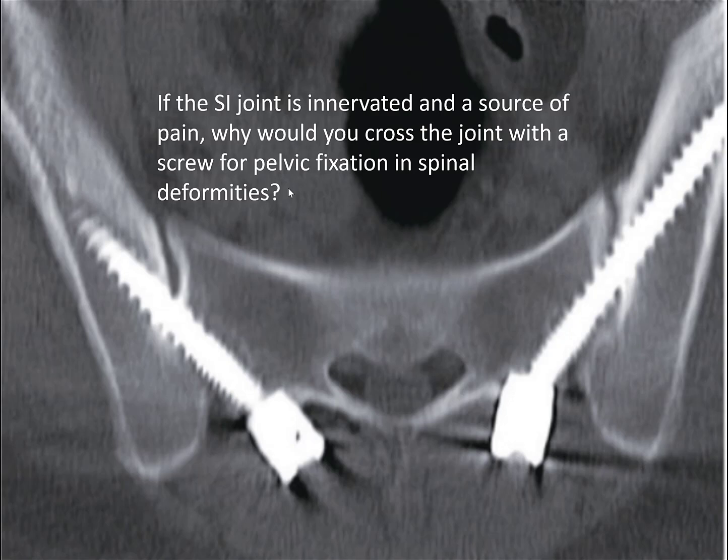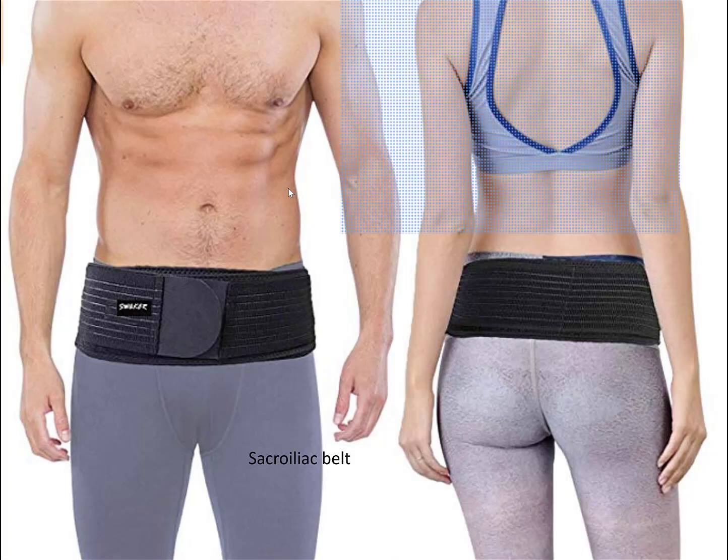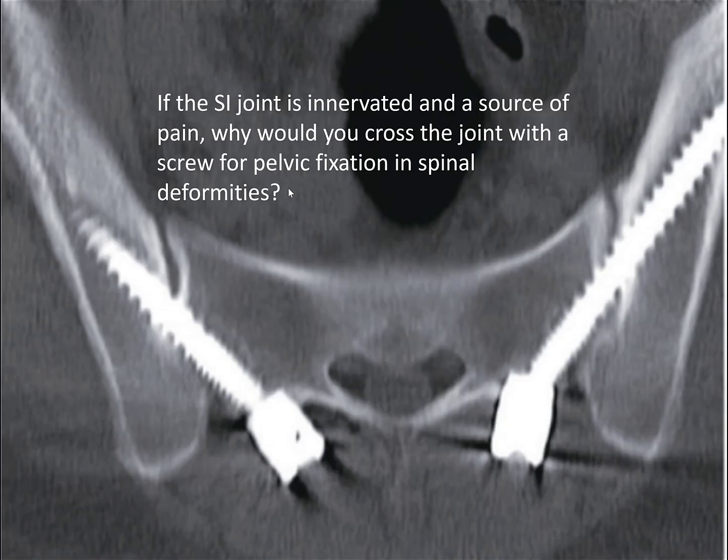Actually, Bobby's in the room. What do you think, Bobby, about a screw going across the joint? I think the SI joint is an odd actor, and the number of people with X-rays that show SI joint disease, if you're seeing a lot of people, is huge.